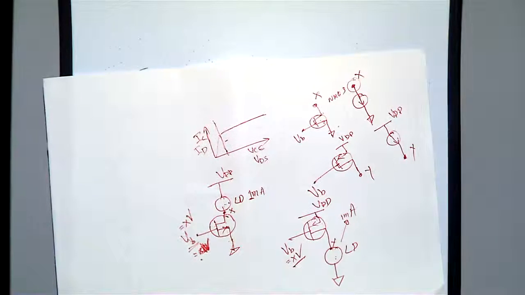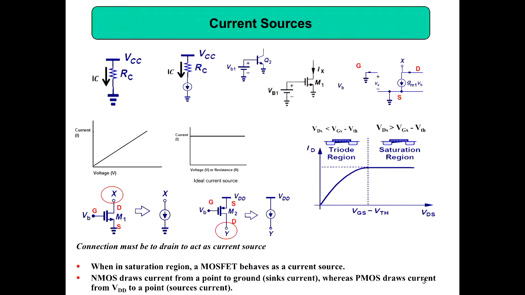That's the reason there are two types of current sources. One acts as a source and the other as a sink. These are the two types of designs. That is the difference. NMOS draws current from a point.